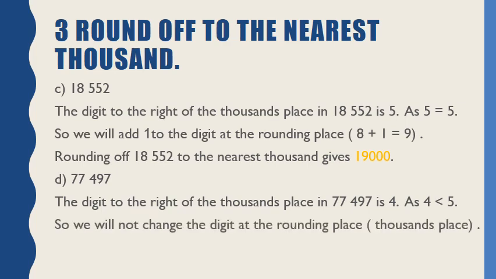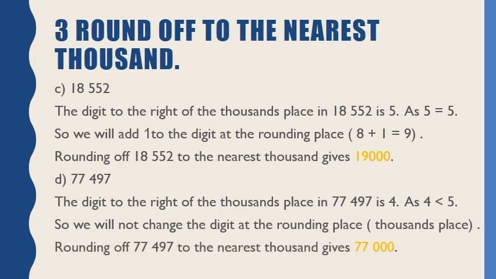So, we will not change the digit at the rounding place, which is the thousand place, and the digit at the thousand place is 7. We will not change it. But we will replace all the digits to the right of the rounding place by 0, and so rounding off 77,497 to the nearest thousand gives 77,000.